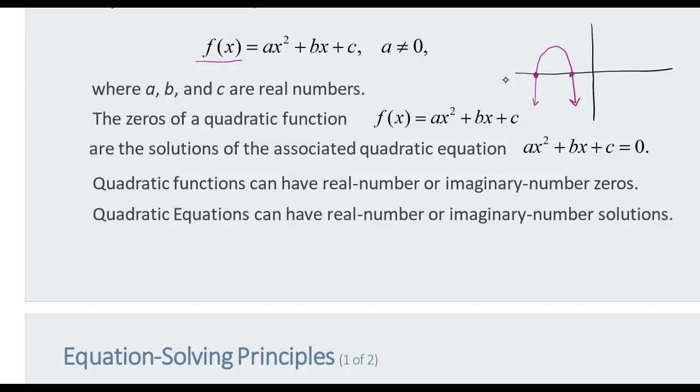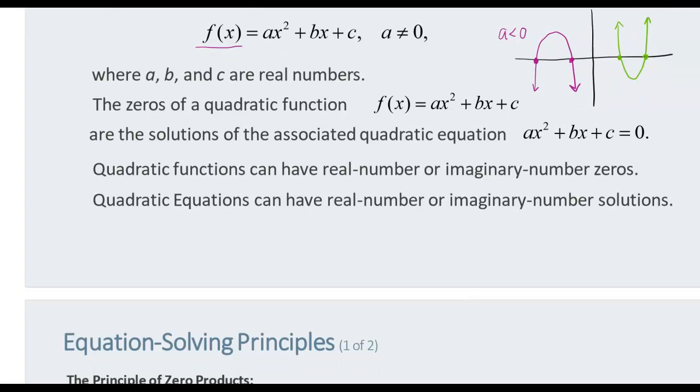These are real numbers that fall somewhere on the x-axis. And the way that this would happen would be that a, that first coefficient, is going to be less than 0. So the parabola is facing down. On the other side, if I had one that was turned upward, where a is greater than 0, a is a positive number, again, I have some real number solutions that are crossing the x-axis.